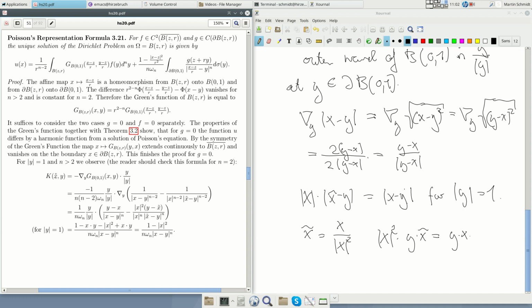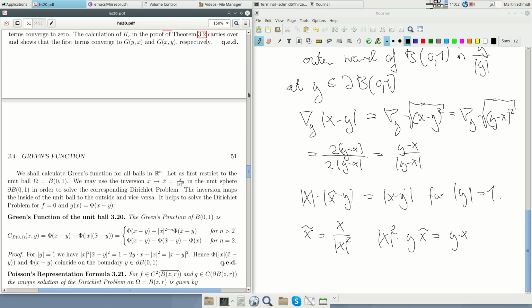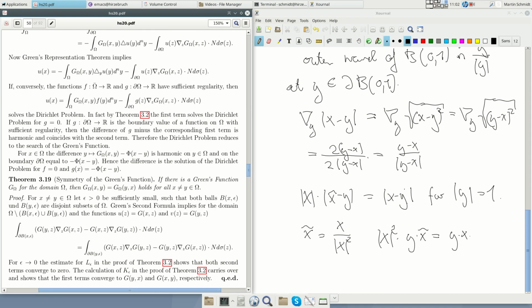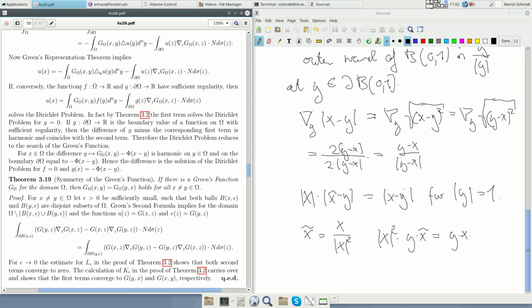So we have now calculated this term, and now we just insert it in our formula which we already know. Now, very important: in the first part we derived a nice formula for the Green's function.